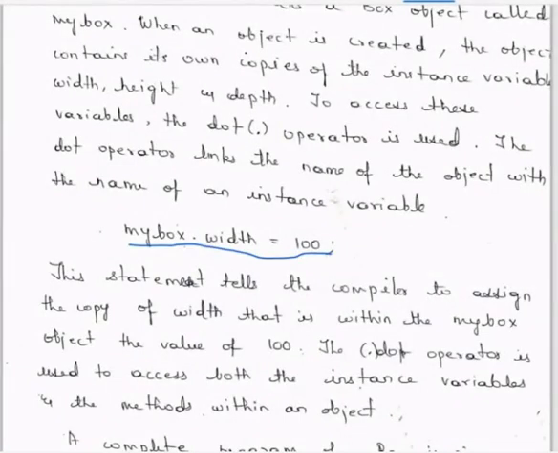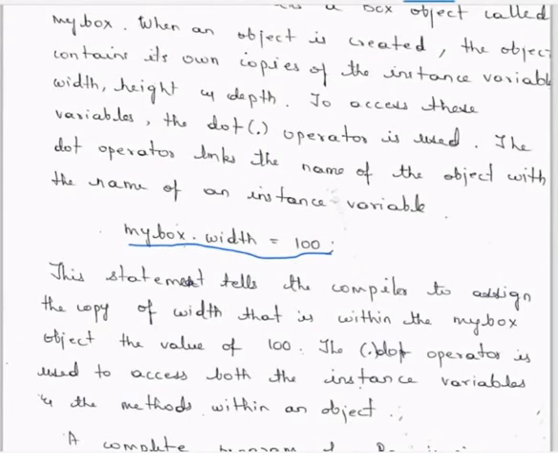How do I access the members of the object? For example, let's say Box was an object, and what are the members of the Box? Height, width, and depth. In order to access them, I use the dot operator. The dot operator is used to access the members of a class.